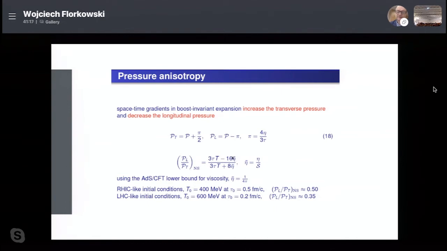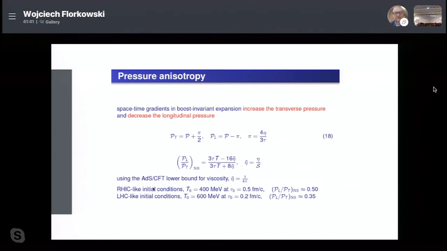This difference is induced exactly by the ratio of the shear viscosity to the entropy density. This is the famous measure of the viscous effects. And AdS/CFT, or quantum mechanical calculations, give some hints that this ratio is 1/4π.